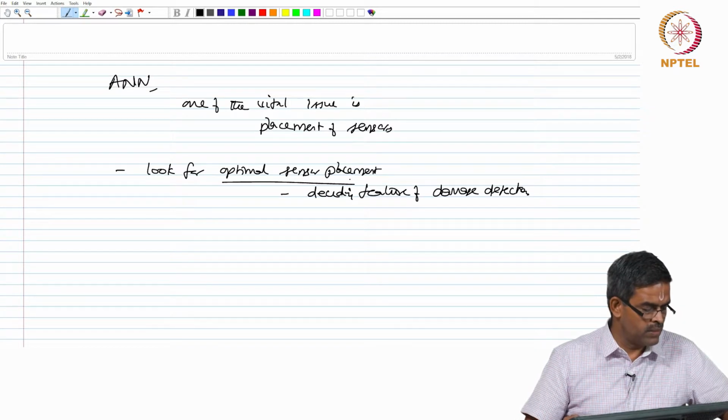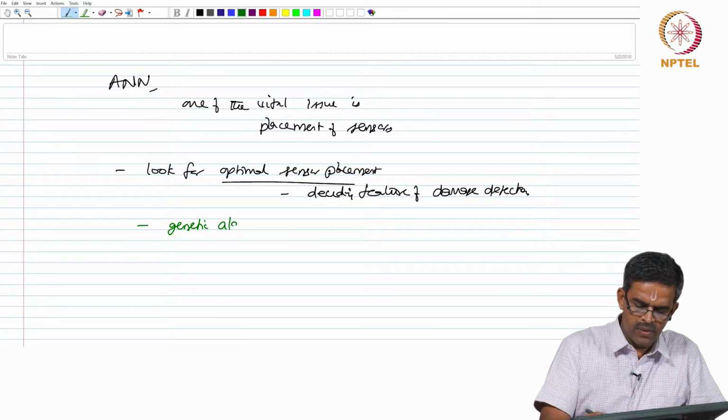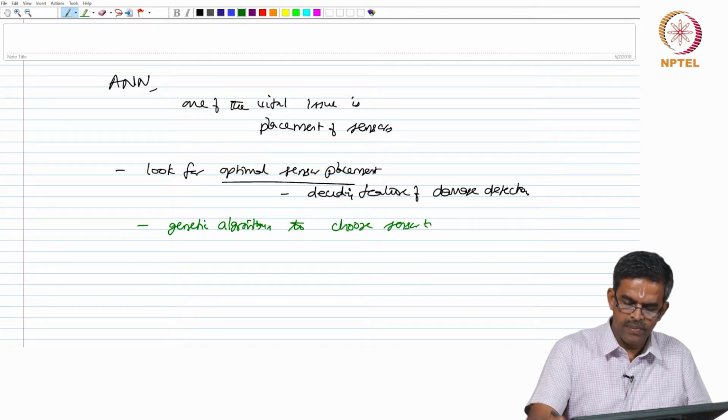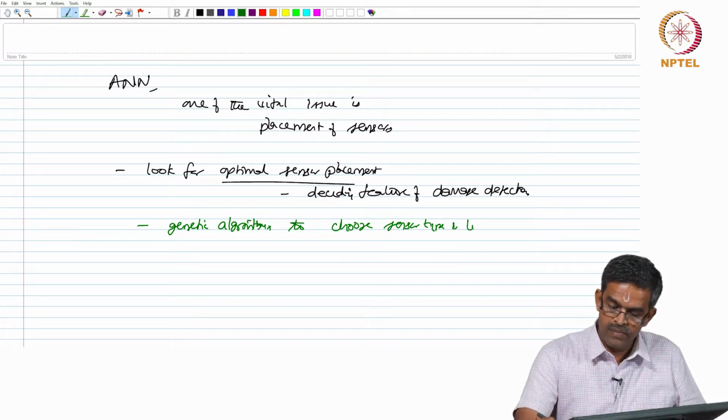That is very important, it is a crucial part. People generally use genetic algorithms to choose the sensor type and their location.